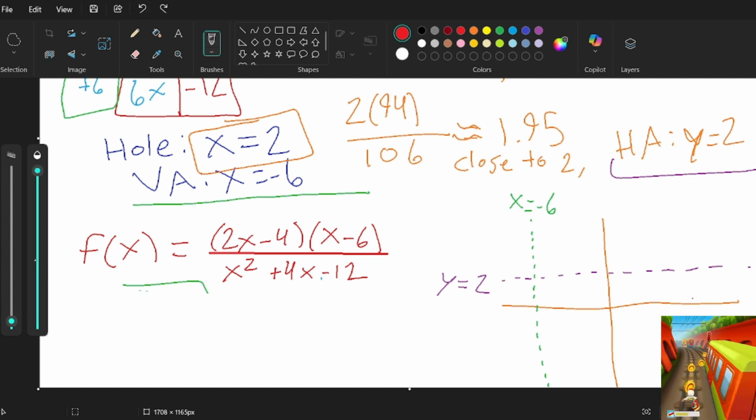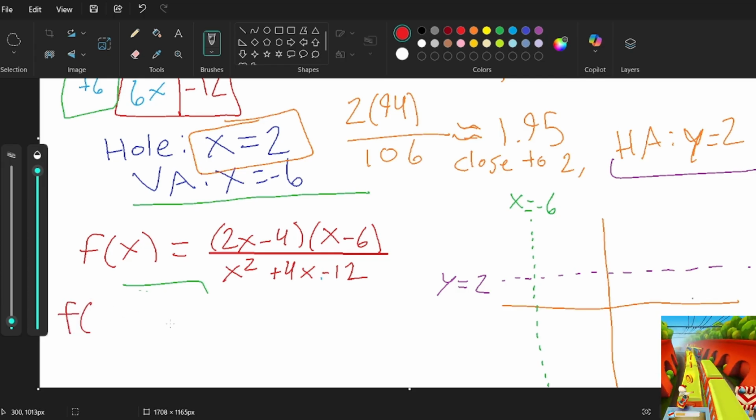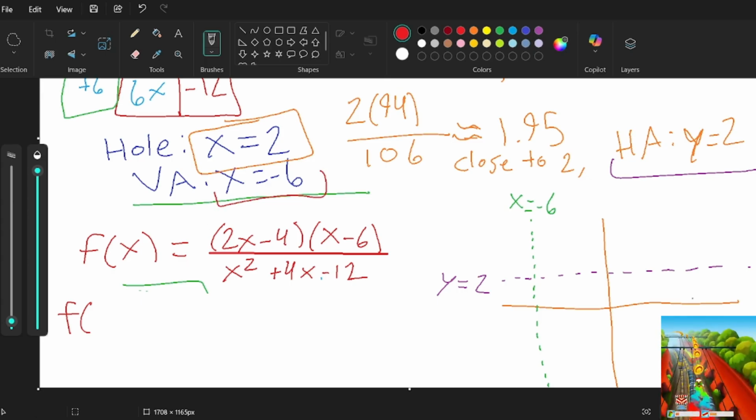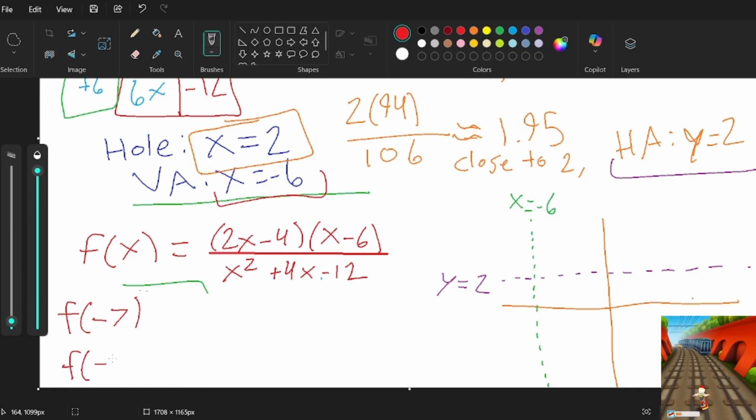So I can just do that by plugging in. So when I'm graphing, I want to plug in an x value to the left and to the right of my vertical asymptote. Since my vertical asymptote is at x equals -6, I'm going to plug in f of -7 and f of -5, because that's on both sides of that asymptote.